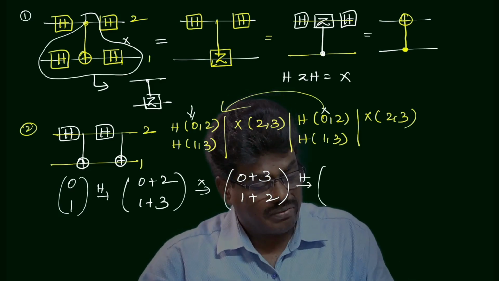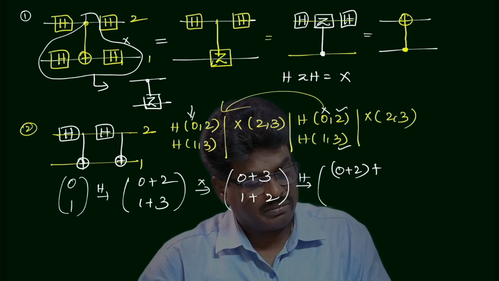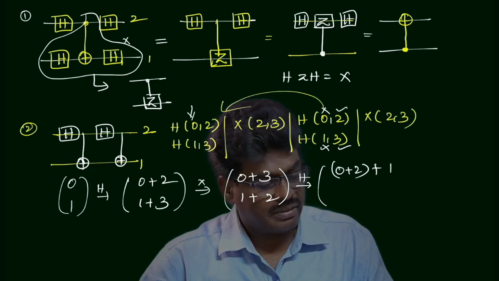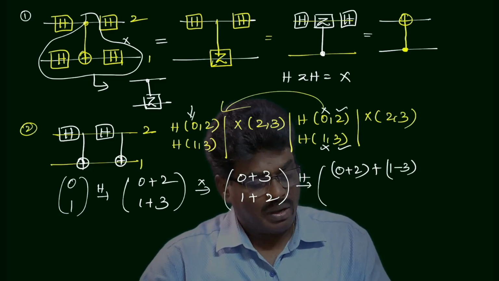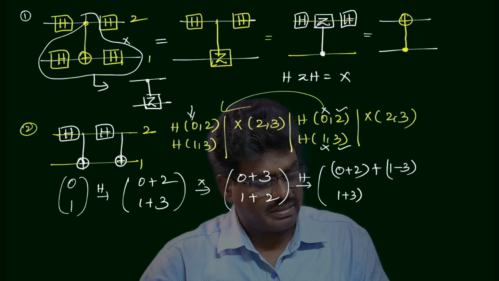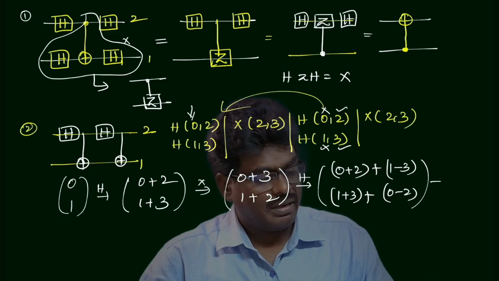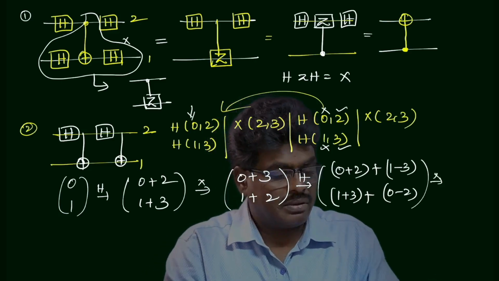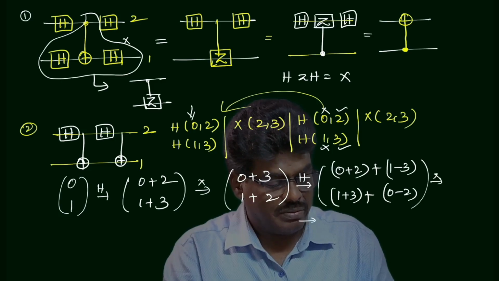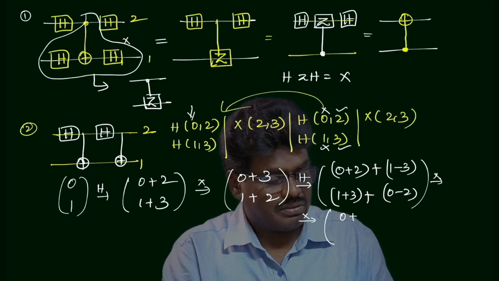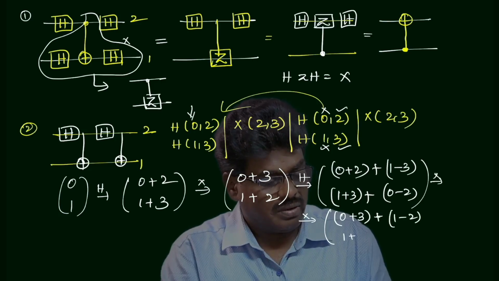So 0 off, 0 plus 2, 1 sorry, 3 on, that is 1 minus 3, 1 off, that is 1 plus 3, and 2 on, that is 0 minus. Next again x. Okay, so this will give 0 plus 3 plus 1 minus 2, 1 plus 2 plus 0 minus 3.